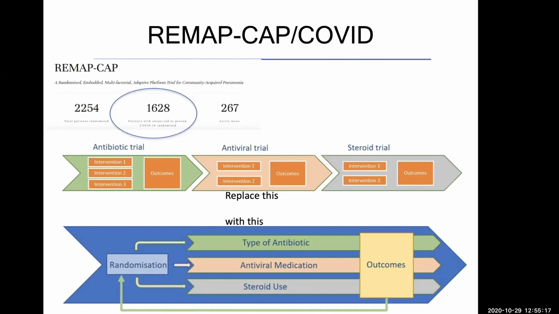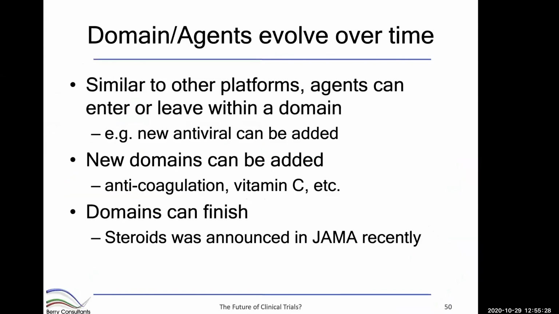But you could get steroids and you'd get randomized to a regimen. And then what we would do is investigate this as a factorial experiment. You can have domains and agents evolve over time. So we can do things like add new antivirals. You can add new domains. So REMAP-CAP now has an anticoagulation domain or is about to. I actually don't know if it's enrolling yet.